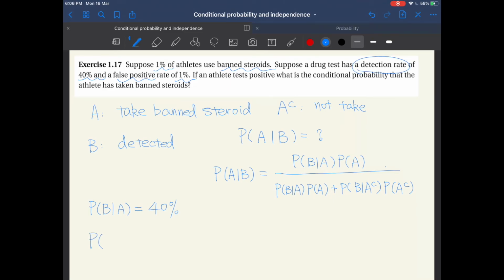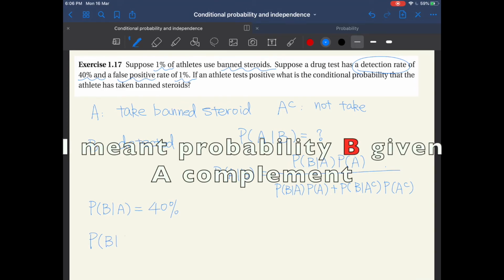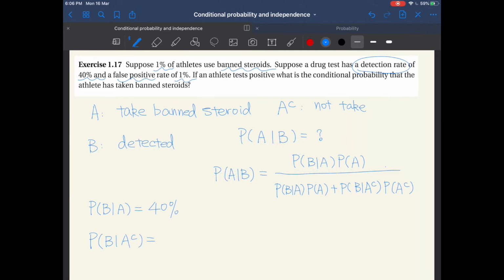So, another expression that we are interested in is probability of B given A complement. That is, given that the athlete actually does not take in banned steroids, what's the chance of the athlete being tested positive? That is 1%, because this is the exact definition of false positive, correct?